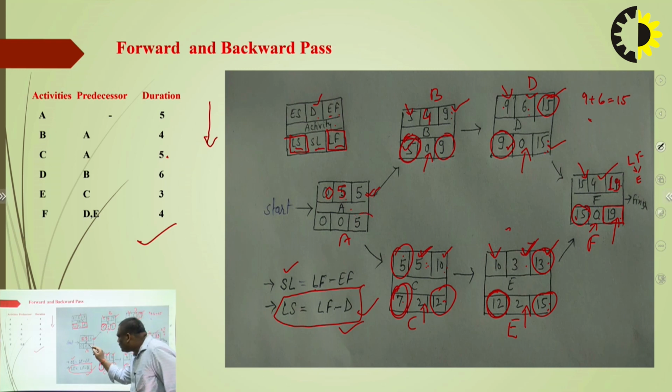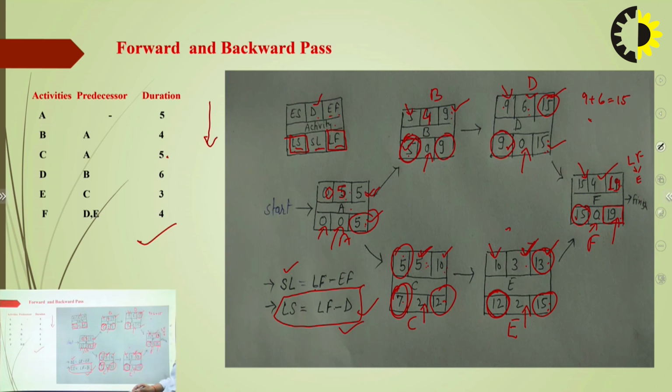The first one is 7 and the second one is 5. So the latest finish of the A activity is the minimum value of C or B. Between 5 and 7, the minimum value is 5, therefore we choose 5 here. The difference between 5 and 5 is 0, and the float value is latest finish minus EF, that is 0.